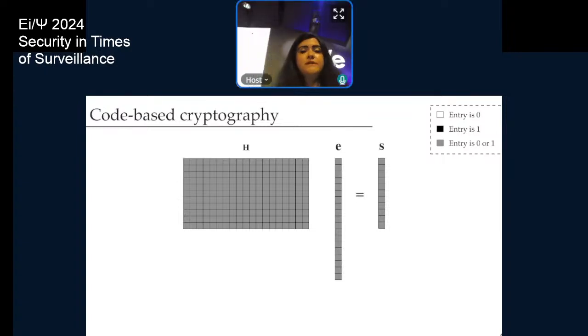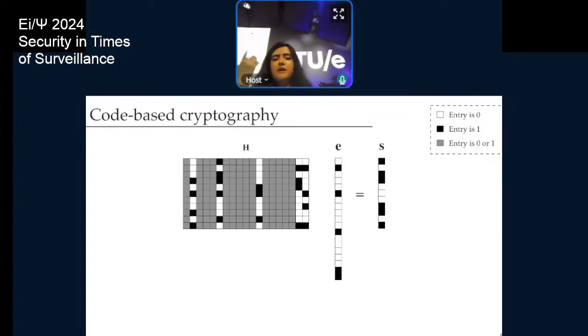Okay, how can we brute force this? Well, if you think about what this means in terms of matrix multiplication, you see that here you multiply the first row with the E to get this first element here. Okay, so it means that only those columns that correspond to entries in E that are equal to 1 matter in the multiplication.